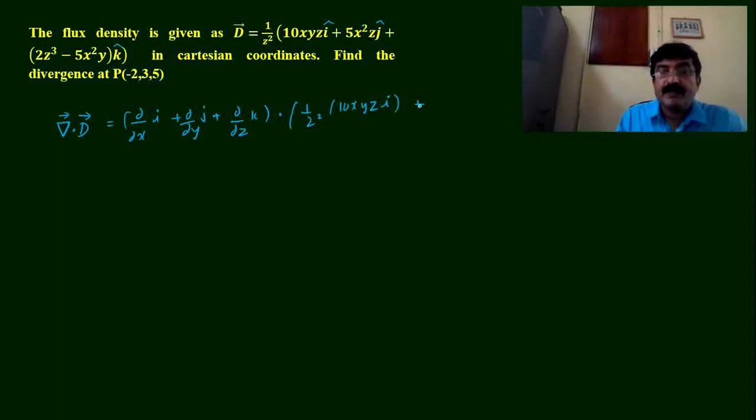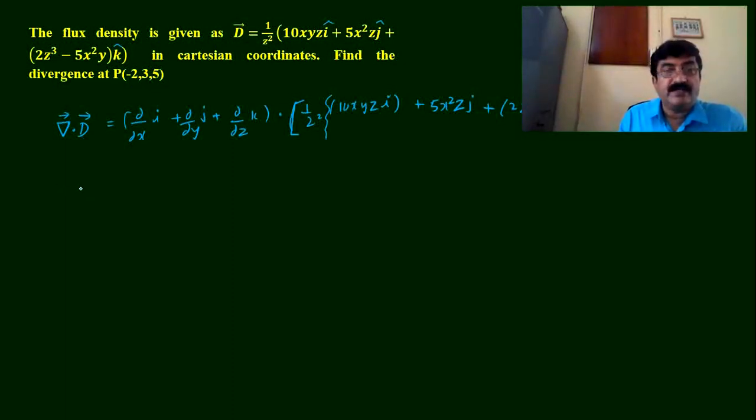Okay, D is 1 by z square into 10xyz i plus again 1 by z square. So I put one bracket here, I put a flower bracket here, so that 1 by z square is common. 5x square z j plus 2z square, sorry, z cube minus 5x square y k. Close all the brackets.